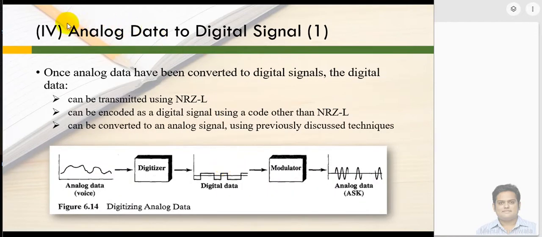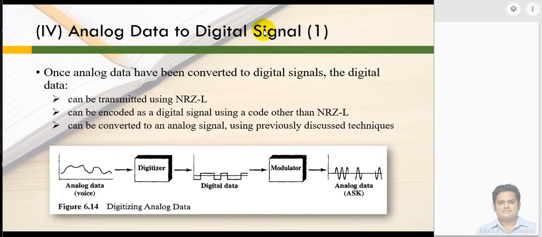This is one of the important aspects that we want to cover, where we are going to see analog data. We want to convert this analog data into the digital signal. This is one of the important modulation techniques, as I have already mentioned, right? The basic idea behind this is we want to convert analog data into digital data, and then we already know how to send digital data over the digital signal.